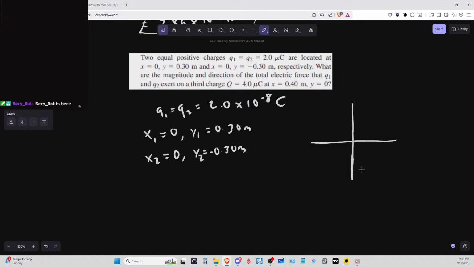So we'll just put Q2 over here and Q1 over here. Alright, respectively, what are the magnitude and direction of the total electric force that Q1 exerts onto the third charge? Okay, so we're given a third charge.